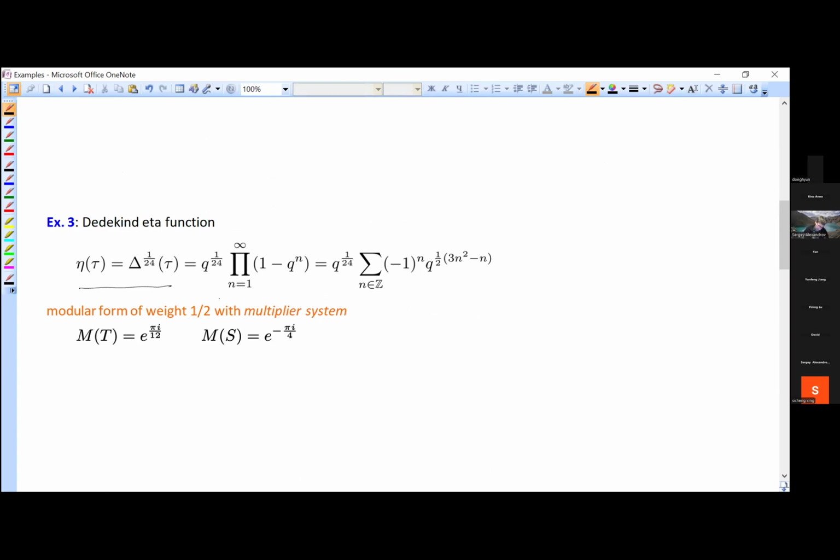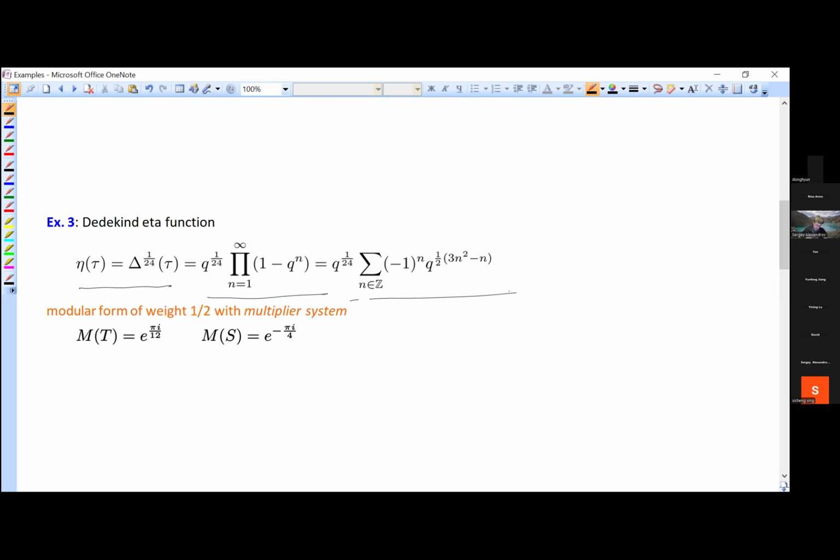It also has a product representation, and it can also be written as a kind of theta series. It turns out that it's a modular form of half-integer weight. Another feature which a multiplier system allows, and I forgot to mention, is that it also allows modular weights which are not integers, but half-integers.